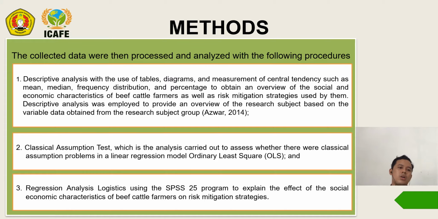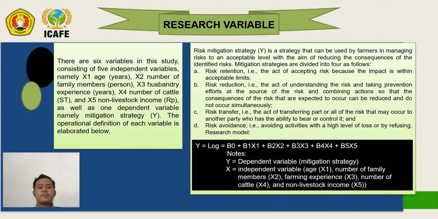Methods. The collected research variable. There are 6 variables in this study, consisting of 5 independent variables, namely x1 age, x2 number of family members, x3 husbandry experience, x4 number of cattle, and x5 non-livestock income, as well as one dependent variable, namely mitigation strategy.